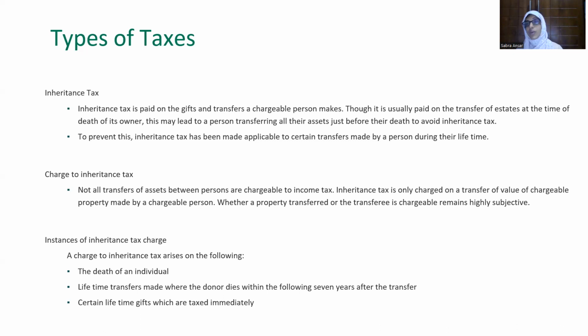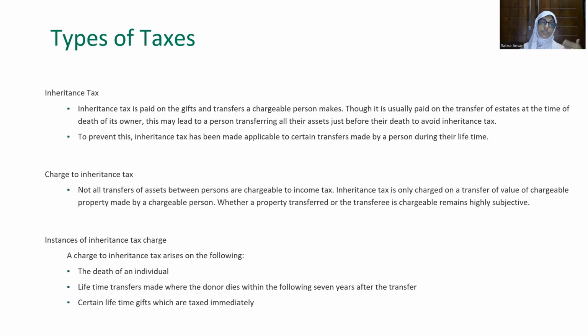If a person dies and there is some kind of will where the inheritance is going to another person, at that instance the inheritance tax charge will come to the person who received that particular land, machinery or whatever is being received as a result of the passing away or death of a particular individual.